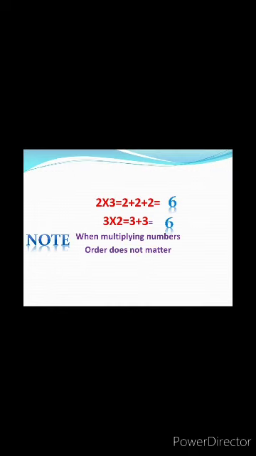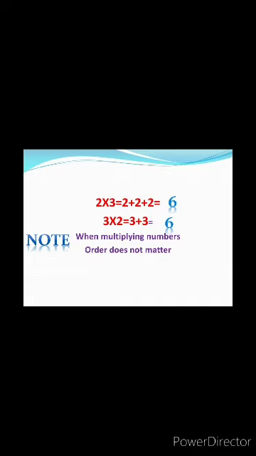Children, what do you mean by order? Order means if you place something in any specific order, whether it is increasing, decreasing, small to big, or big to small. Similarly in multiplication, we have order. 2 multiplied by 3 equals 2 plus 2 plus 2 equals 6. But what if I do 3 multiplied by 2?